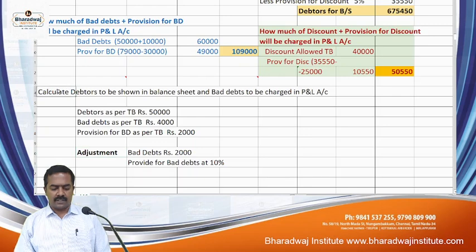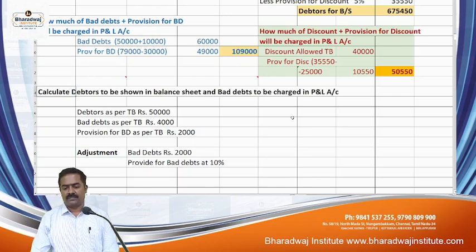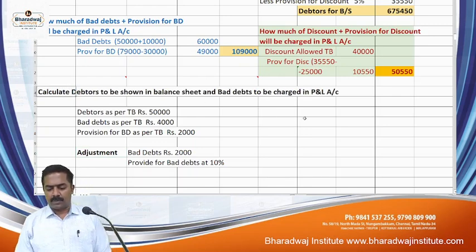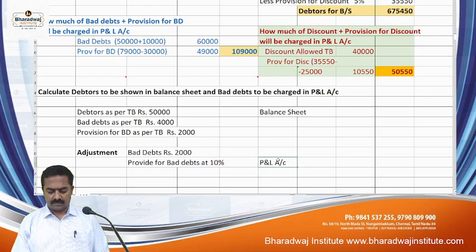No discount is given here. Try it. Question is how much you have to show for balance sheet. Then how much to be charged in which account? P&L account.